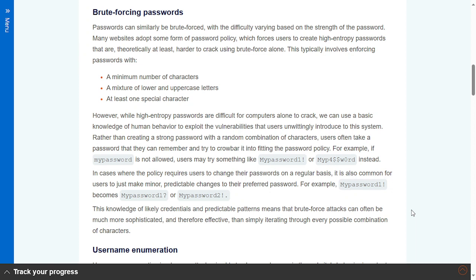In cases where the policy requires users to change their passwords on a regular basis, it is also common for users to just make minor, predictable changes to their preferred password. For example, "Mypassword1!" becomes "Mypassword1?" or "Mypassword2!".